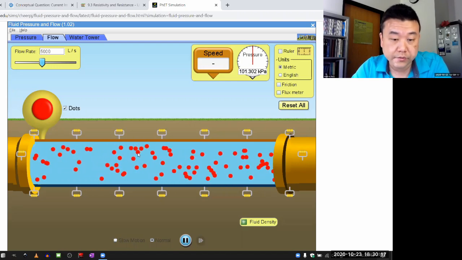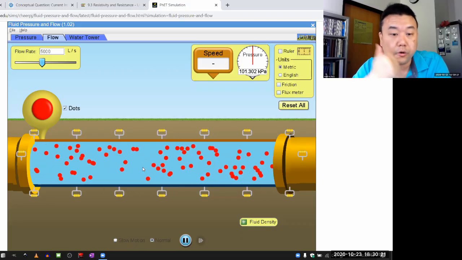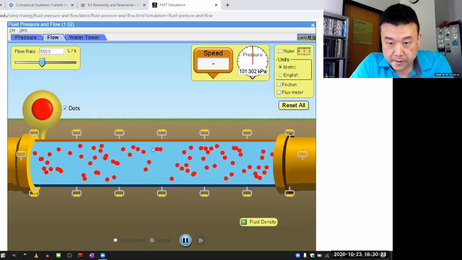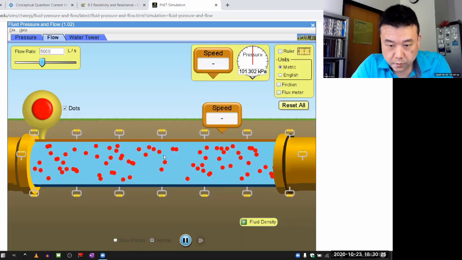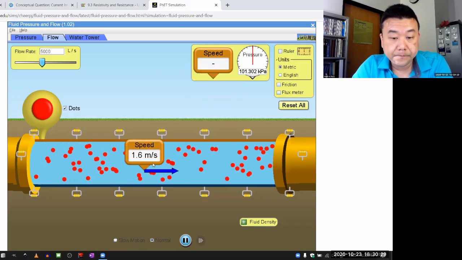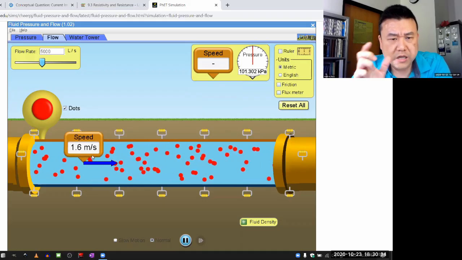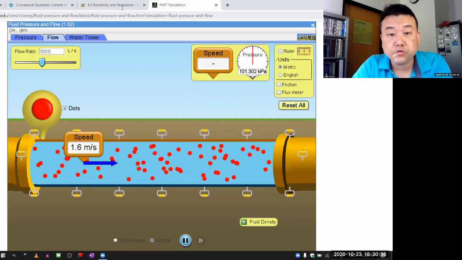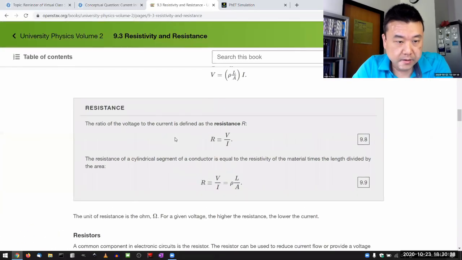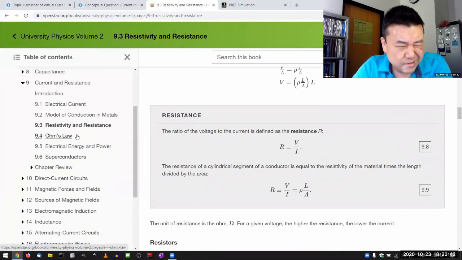So this is a visual way to represent a flow, whether it's a charge flow or water flow. And there's a way you can measure speed, and the speed they're measuring would match up with what your textbook calls the drift velocity. I think in your textbook there's a section on it.